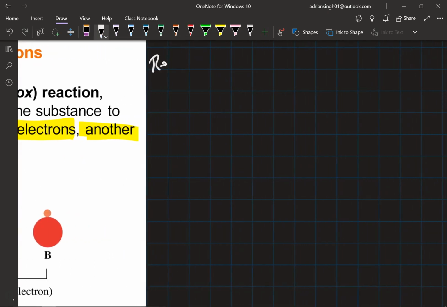So we can define redox reactions in terms of electrons. And we can say that things can be oxidized or reduced depending on whether they're losing or gaining electrons.